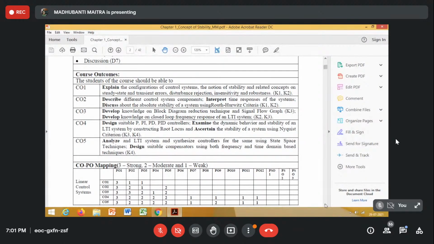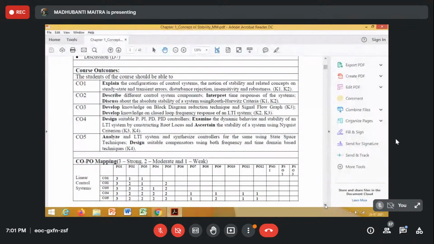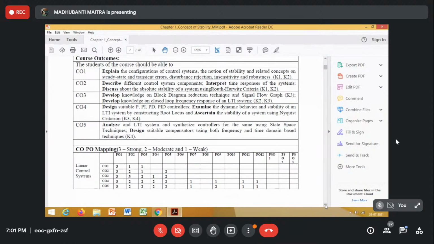And finally, we'll learn how to use the state variable technique, which is basically a time domain based technique. State variable modeling technique, how to use that for modeling and analysis as well as for designing controllers for linear time invariant systems.